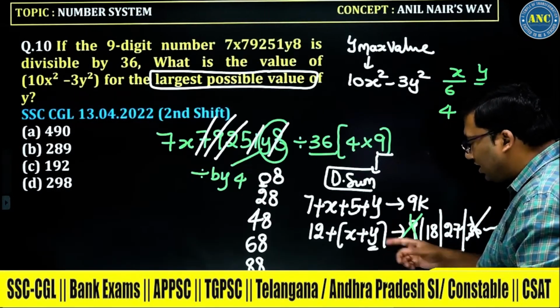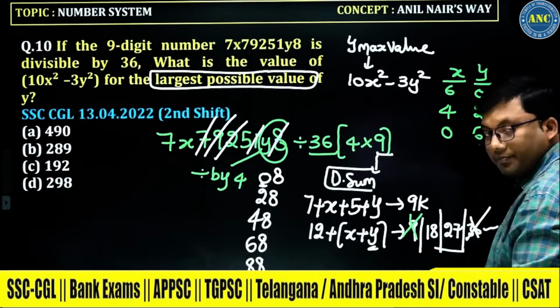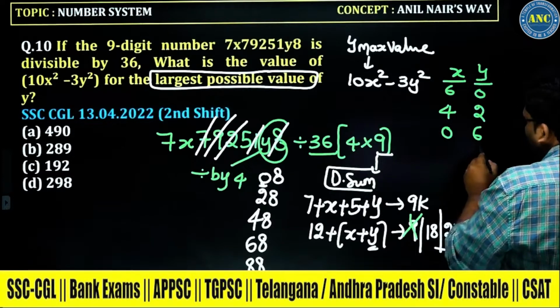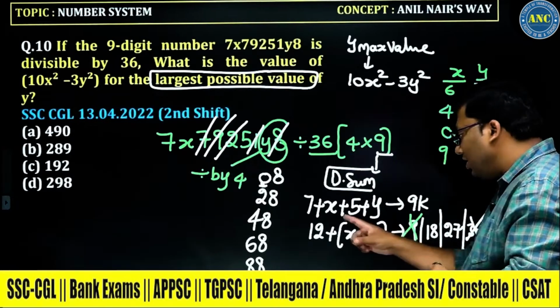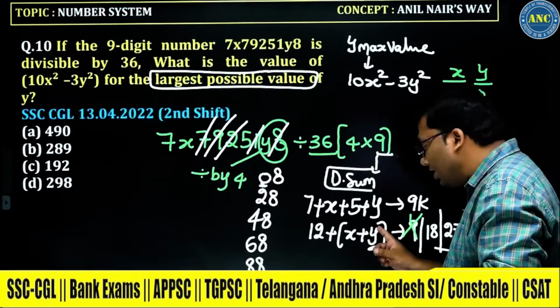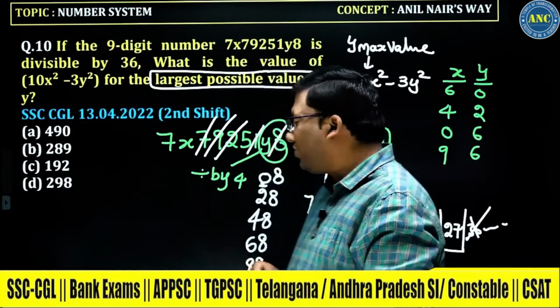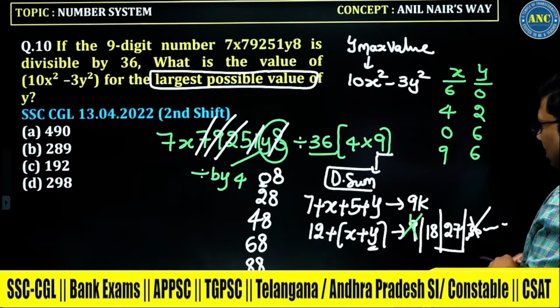If y is 6, x will be 0, or x will be 9. Why? 12 plus 6 is 18, 18 plus 0 is 18, 18 plus 9 is 27. So with y as 6, I got multiple cases.